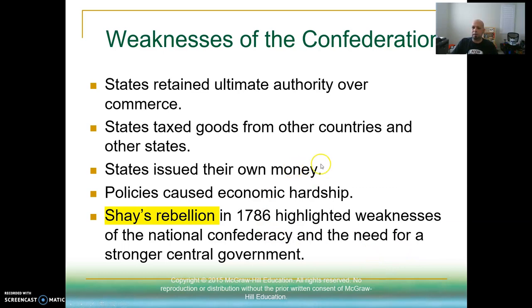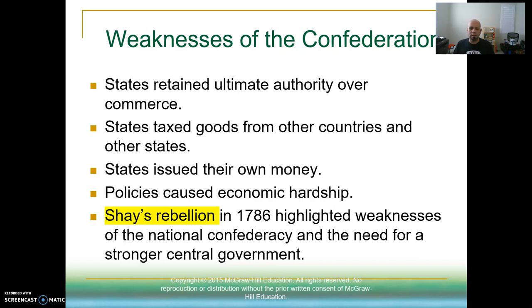Each state had its own money. So if we're taxing goods coming out of the state, now we also have to deal with the fact that we have to do exchanges of money. So you had New York dollars, Massachusetts dollars, Georgia dollars, Maryland dollars. Everyone has their own dollar, and now we're having to exchange. If you've ever traveled outside the country, you know that not all money is equal.